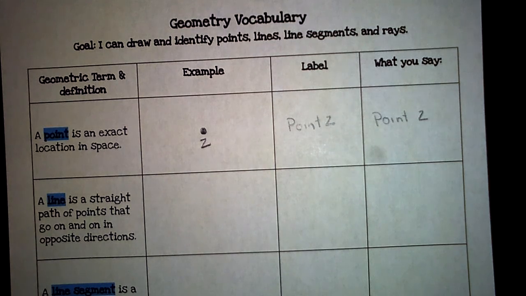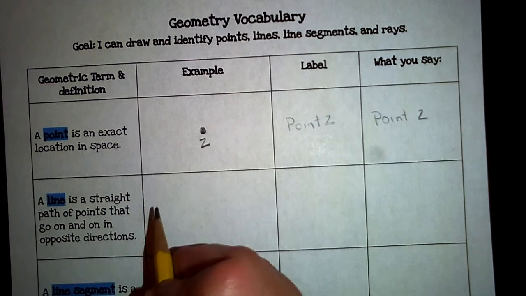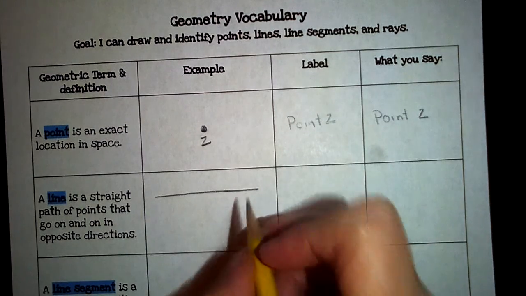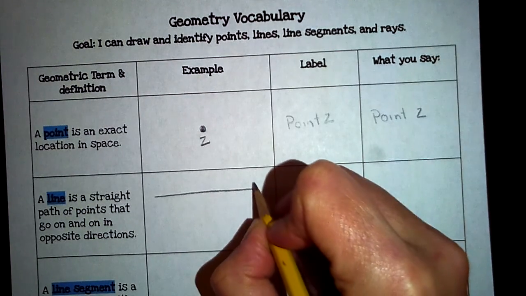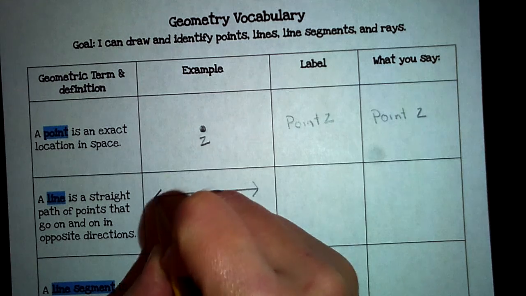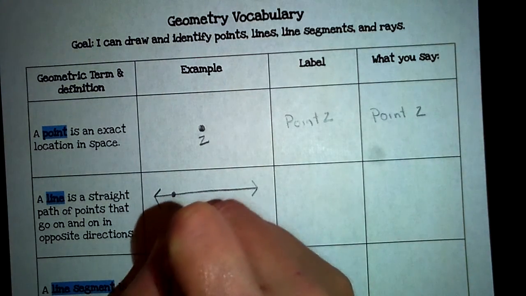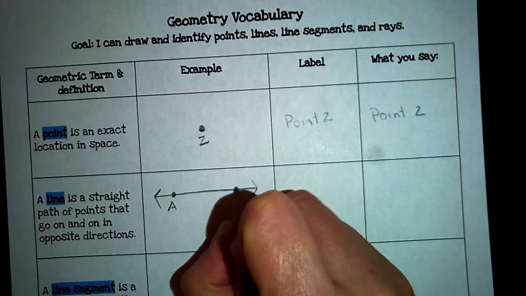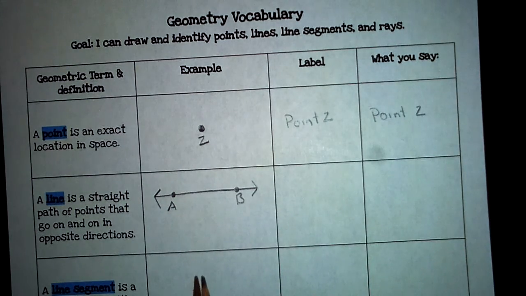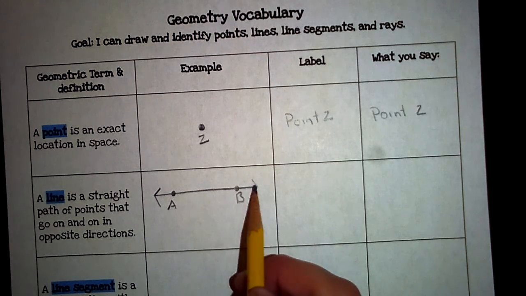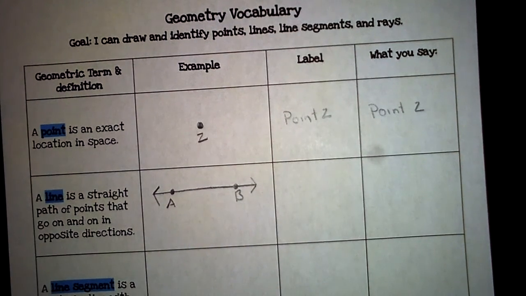Okay. Our next geometric term is a line. And a line is a straight path of points that go on in opposite directions. A line looks like this. It has an arrow at both ends to show that it's going on to infinity in both directions. Now imagine that this line is made up of all of these millions and zillions of points all connected together to form one line.